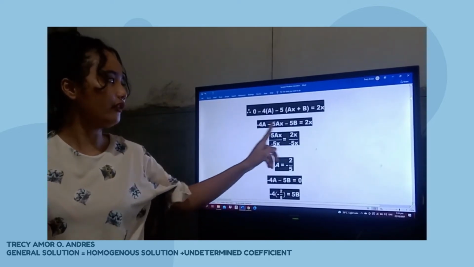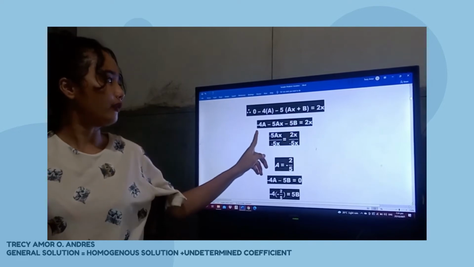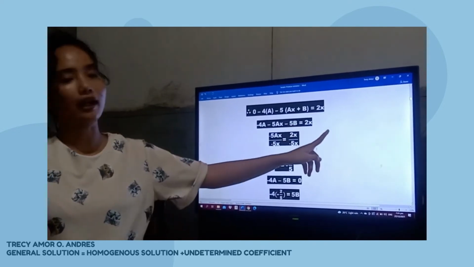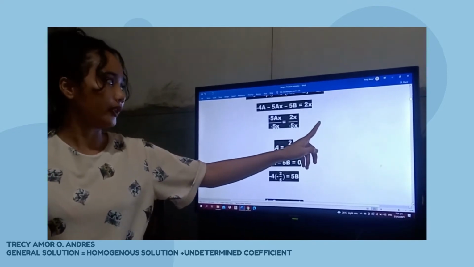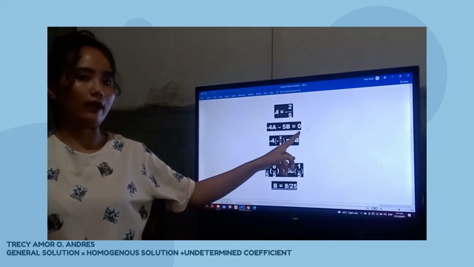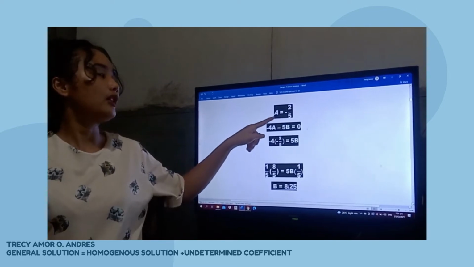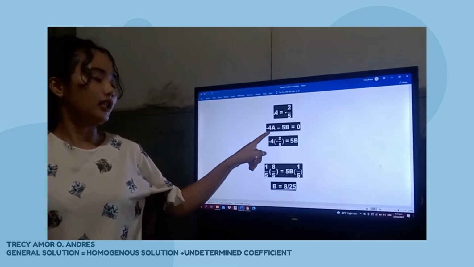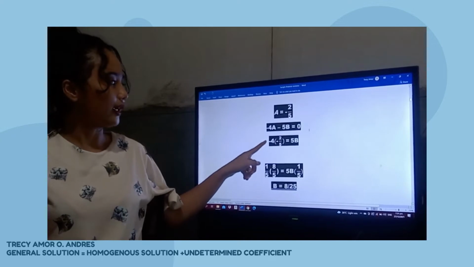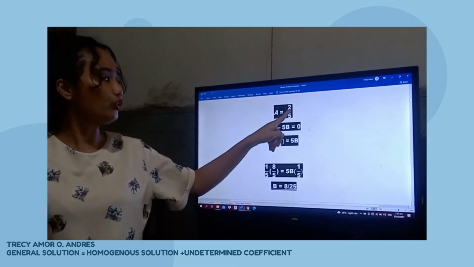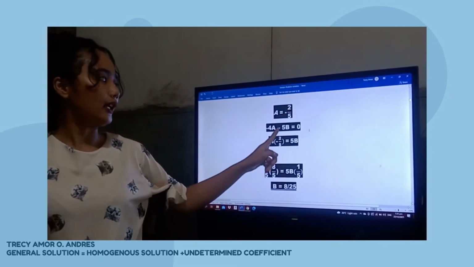And as for the other two terms, negative 4a minus 5b, since they don't have a like term on the right side, we'll just equate them to 0. Since we have the value of a earlier, we will now substitute the value of a here. So we have negative 4 times negative 2 over 5 is equal to 2.